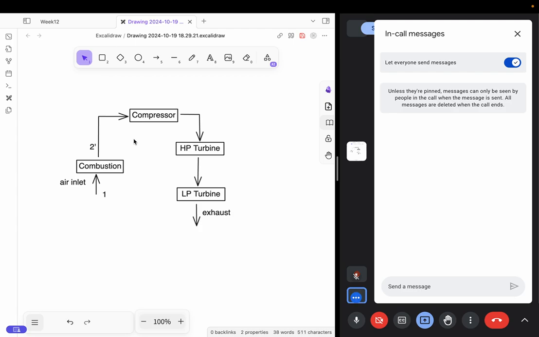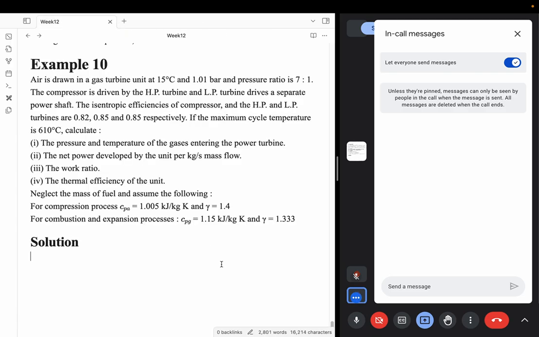Why am I using 2 prime? Maybe I'll explain that in a little time. Once I draw the TS diagram, it will be a little clearer. Then 4, then let's call this 4 prime, and the exhaust, let's call this 5 prime. This is the normal block diagram.